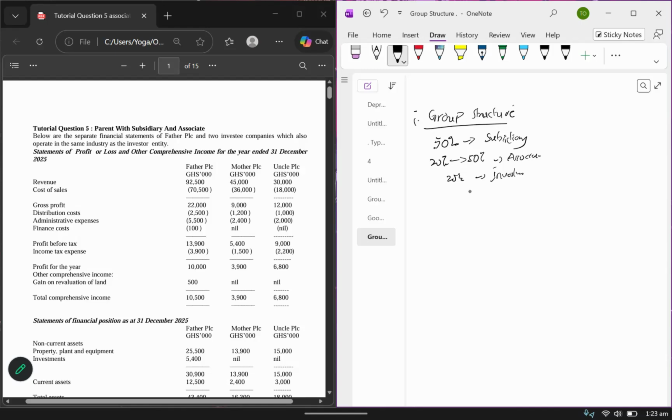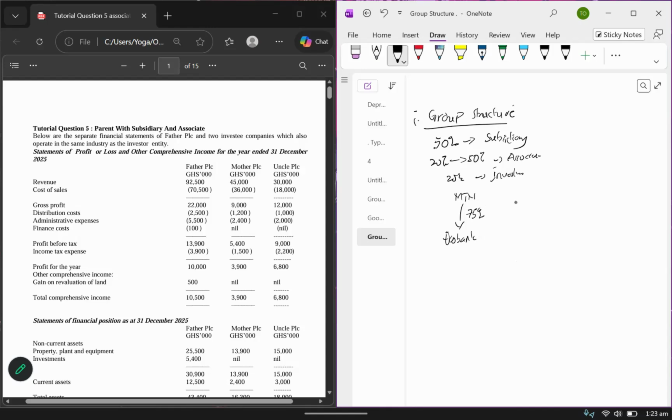Let's say MTN acquires 75% in EcoBank. This is the presentation I've been seeing most often, where they use the diagram, and in this case MTN becomes the parent.